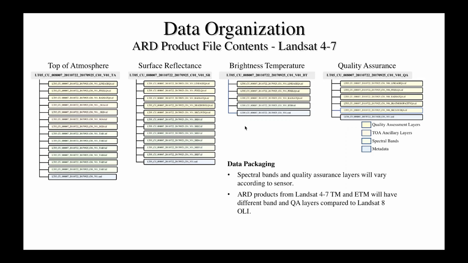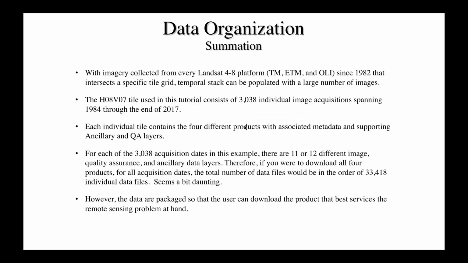Okay, so in summary, for the data organization, every Landsat image collected from, in this case, 1982 to the present, and it's ongoing, for every sensor has been intersected for that particular grid.